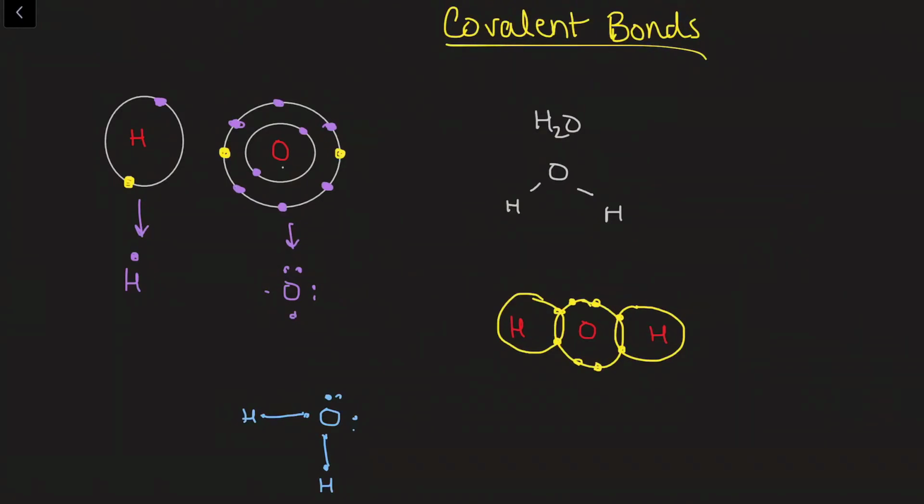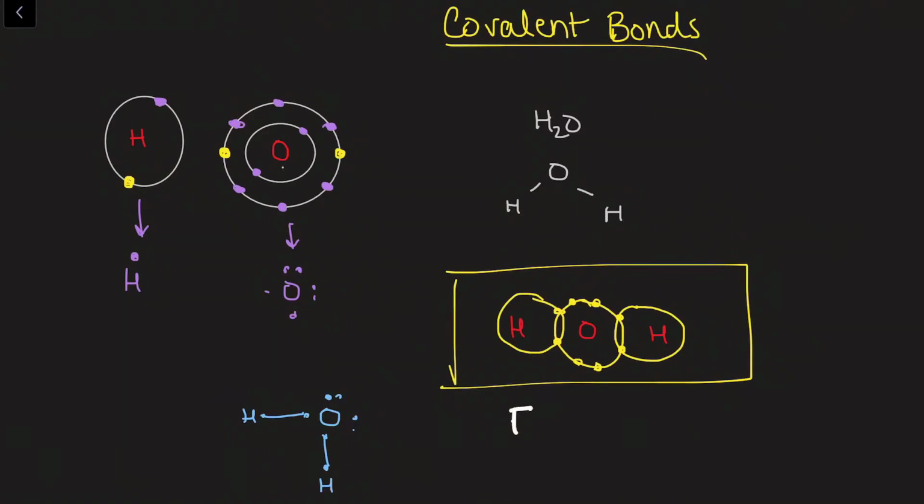So as you can see here, the oxygen atom has 8 valence electrons, meaning it has a full valence shell. And each of the hydrogen atoms has 2 valence electrons, meaning they also have a full valence shell. And they're all stable. So by forming this compound and covalently bonding, all of the atoms are stable and have a full valence shell, and they're happy.